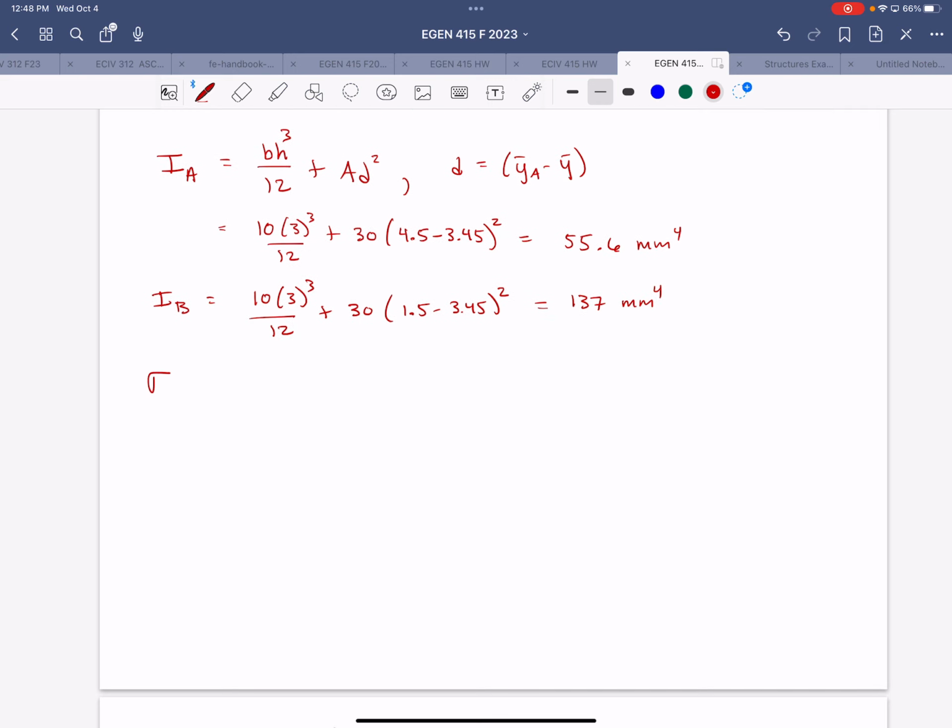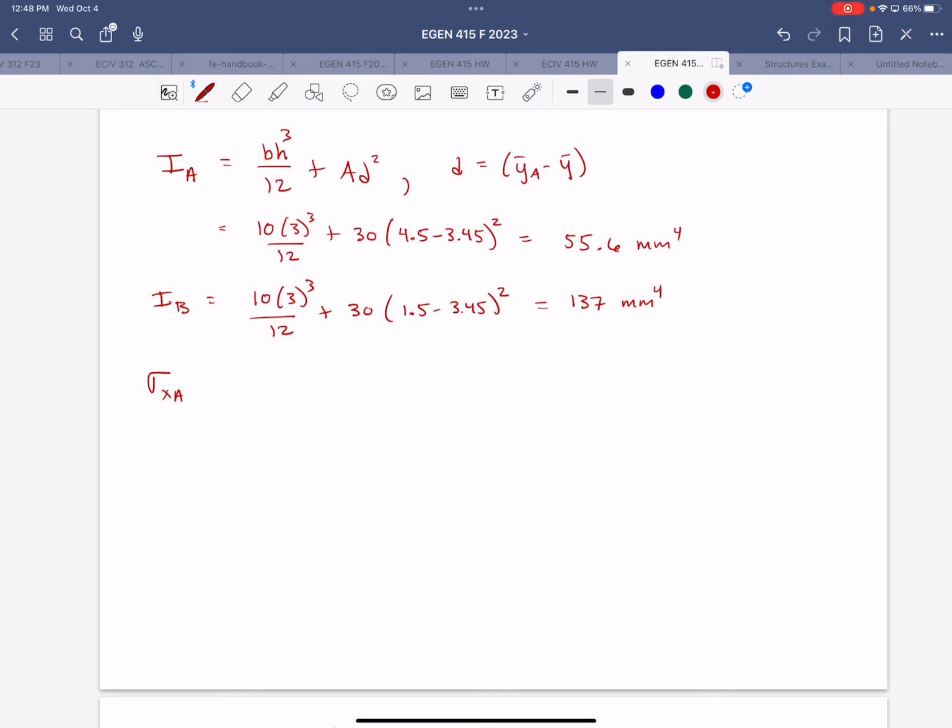And then we just go to our equation for stresses and plug the values in. So normal stress in material A. Now what we're after, right, we're given the allowable stresses. So we're actually solving for moment here.